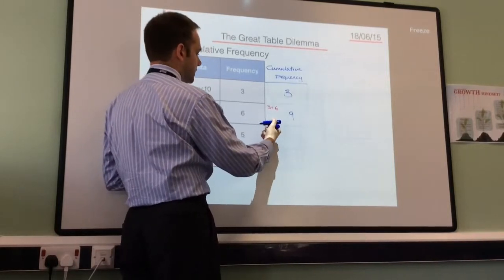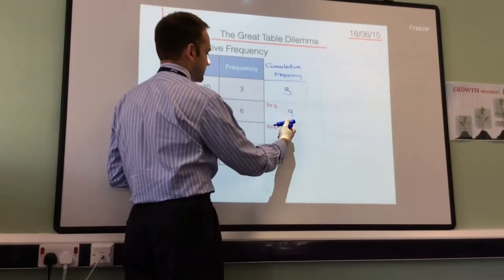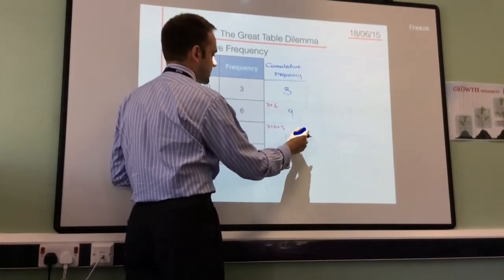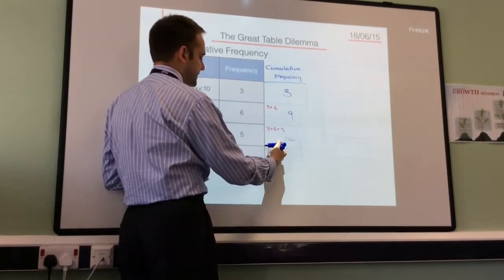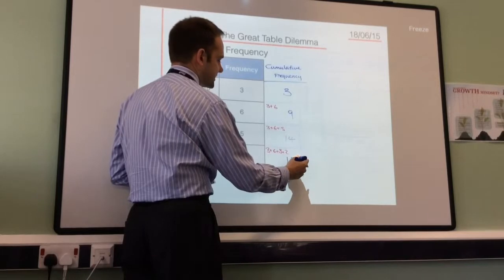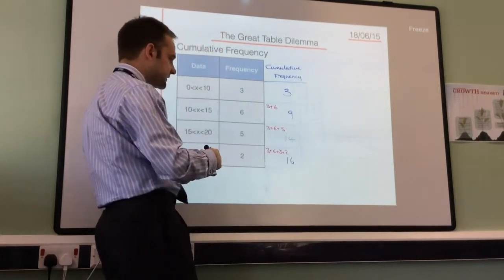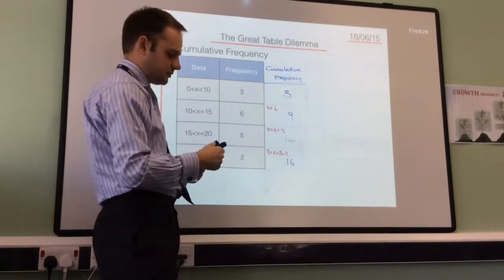In the next one, we need a 3 plus a 6 plus this extra 5, which gives us 14. And in the final one, we've got 3 plus 6 plus 5 plus the 2, and that gives us 16.